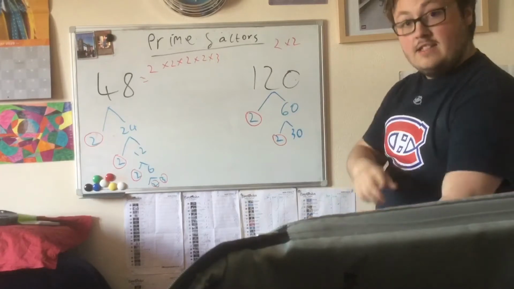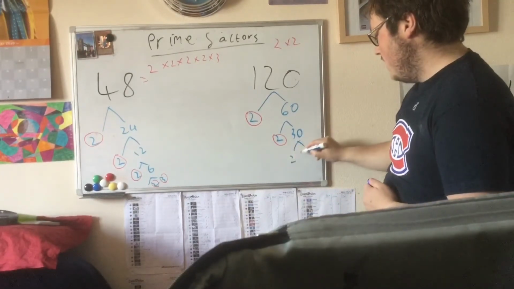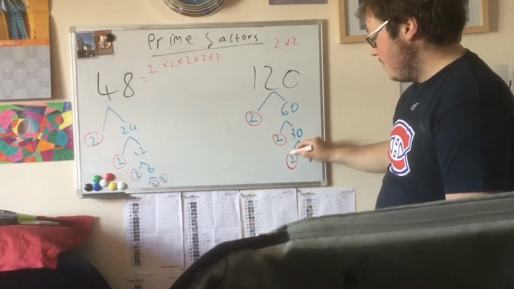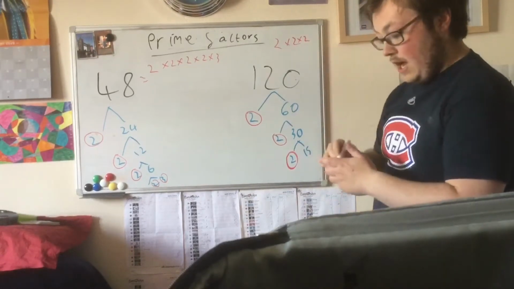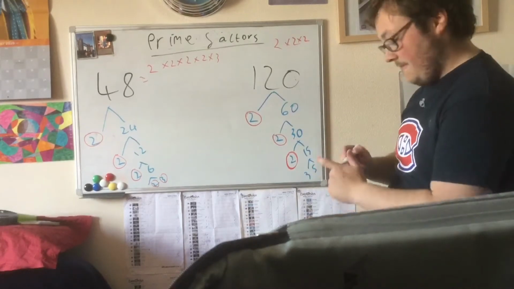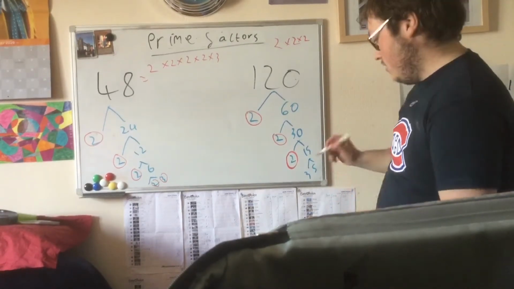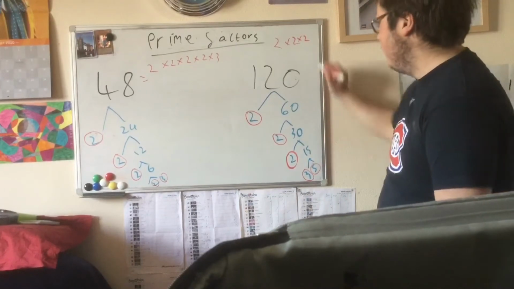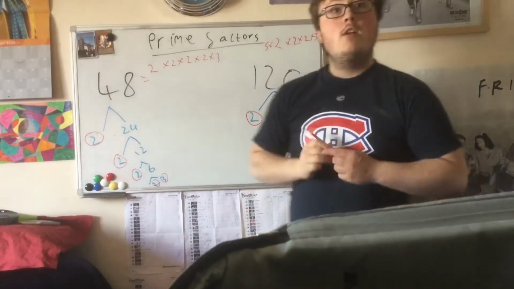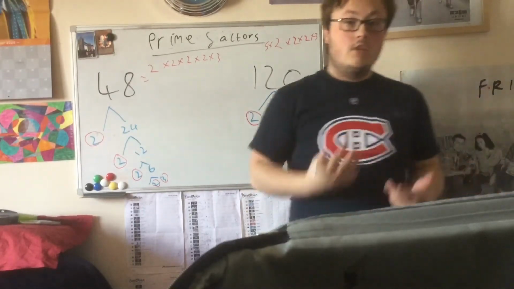Split that 30 into 2 and 15. And then circle the 2 there. And then split that 15, because you can't split into 2, do it into 3 and 5. And circle the 3 there and the 5 there. Run out of space. So now I know the prime factors of 48 and 120.